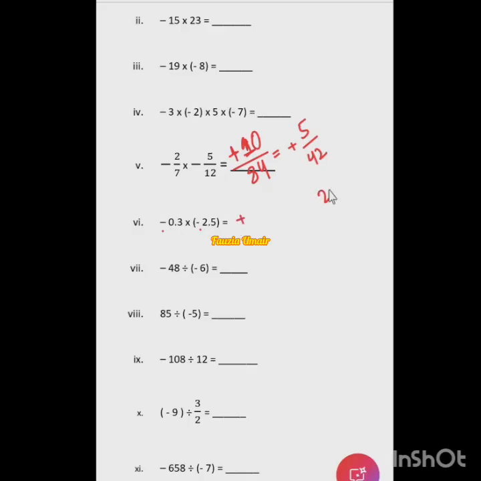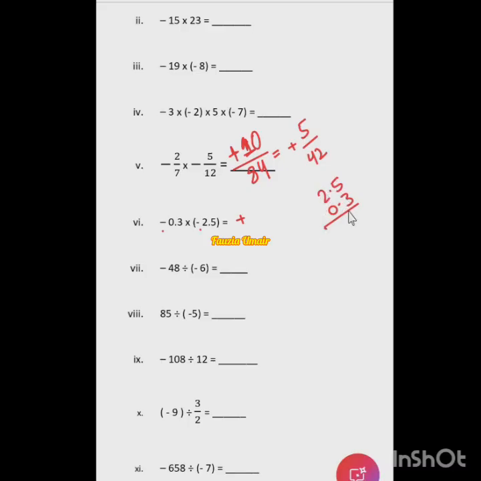So can you multiply 2.5 with 0.3? Yes, ma'am. So how to do it, like you have learned it in, I think, 5th class, how to multiply decimals. Ma'am, so we forget there is a decimal point for now. That's right. And we multiply the numbers normally, how we usually multiply.